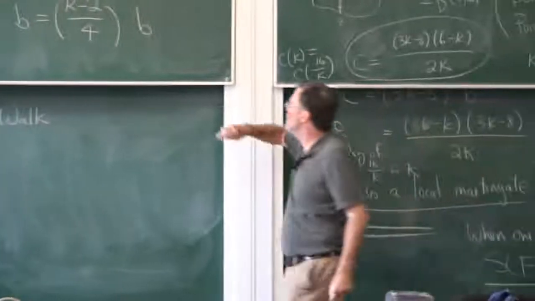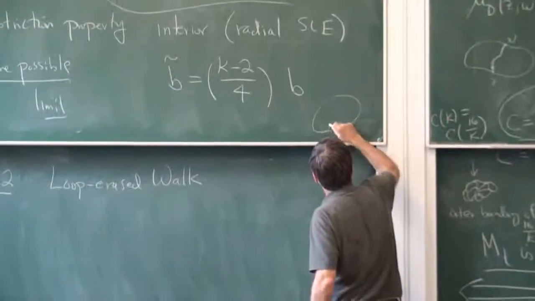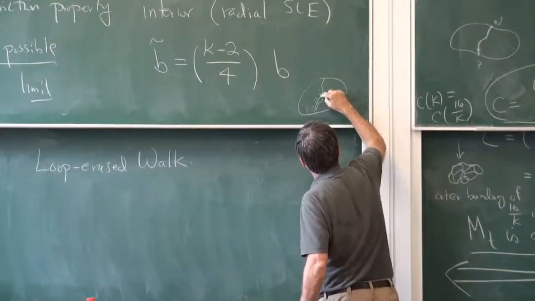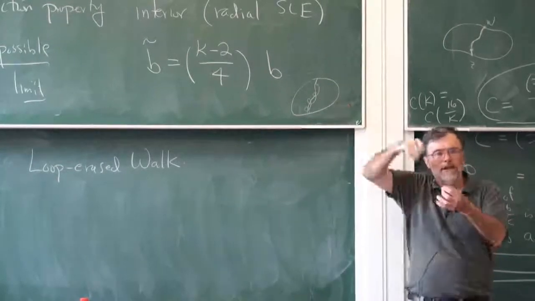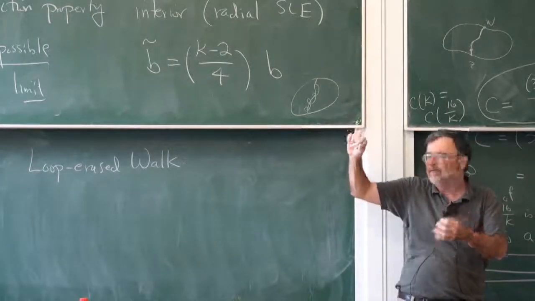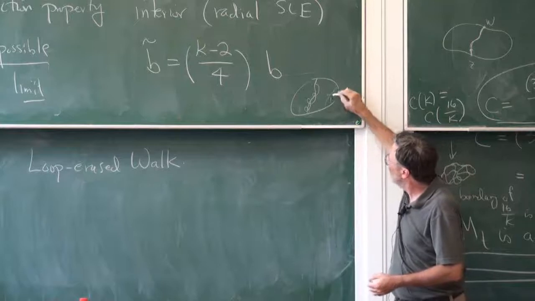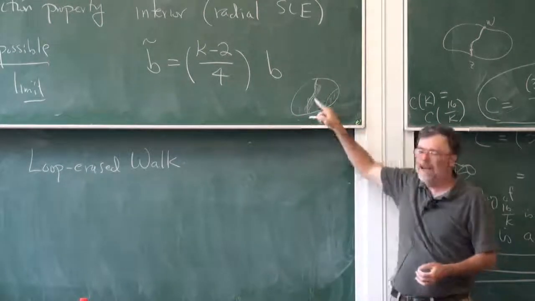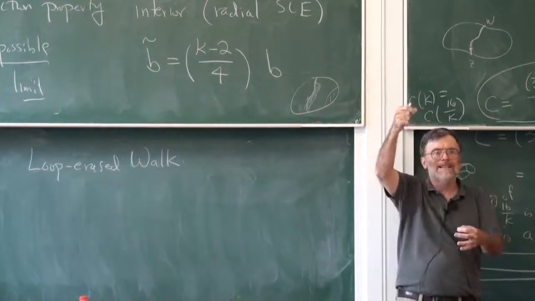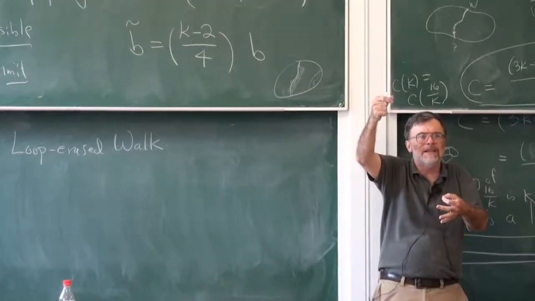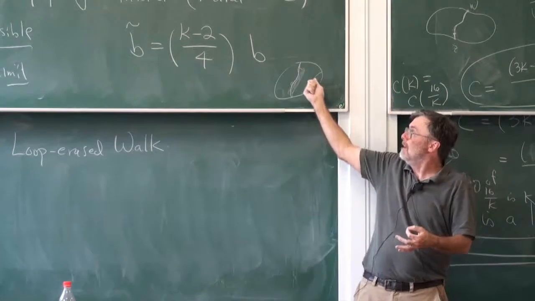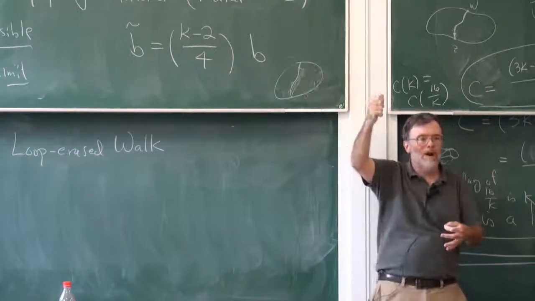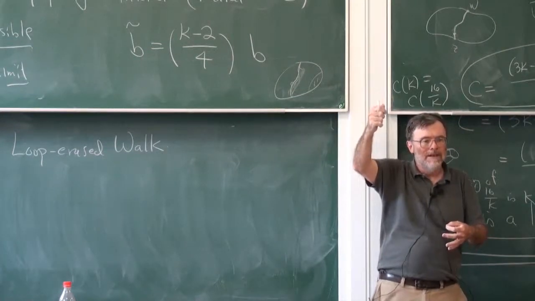I think of loop-erased walk as a measure obtained by taking simple random walks and erasing the loops. If I cut off a piece of the domain, then a particular loop-erased walk is less likely, because basically, if I cut off part of the domain, there are fewer simple random walks that can produce this.